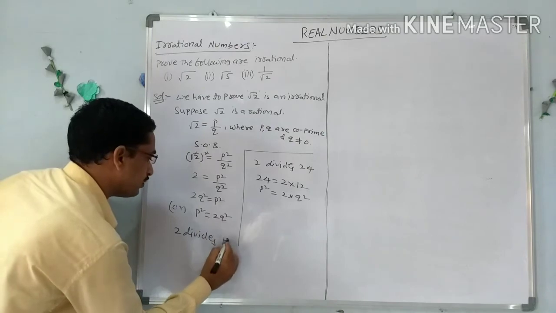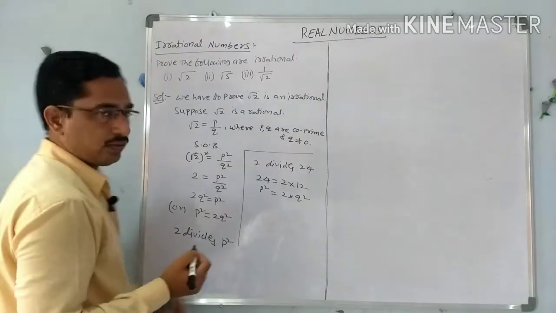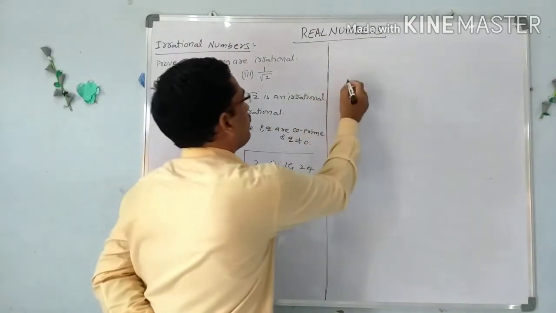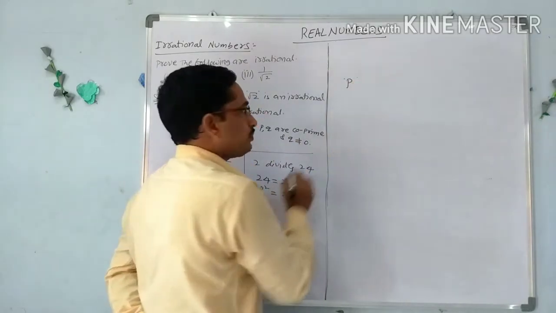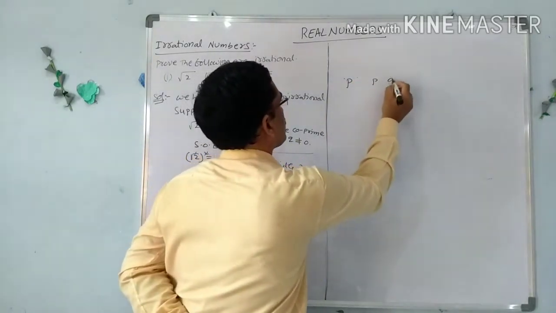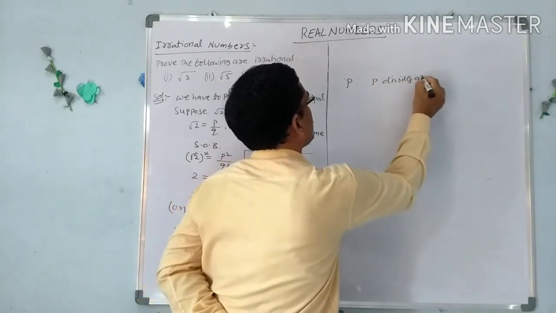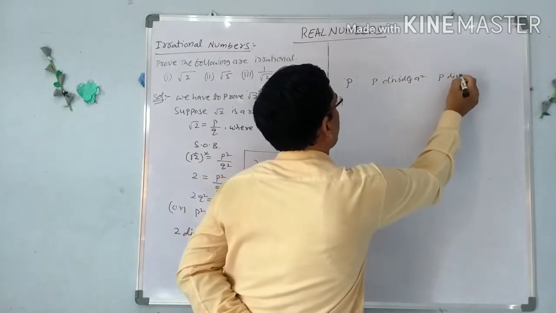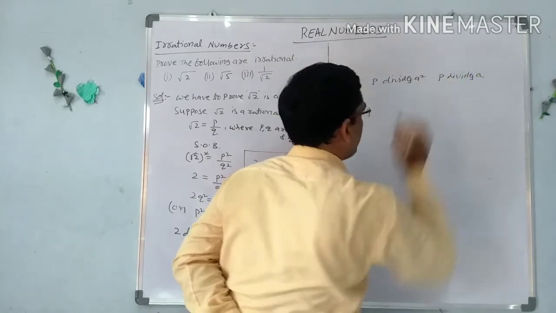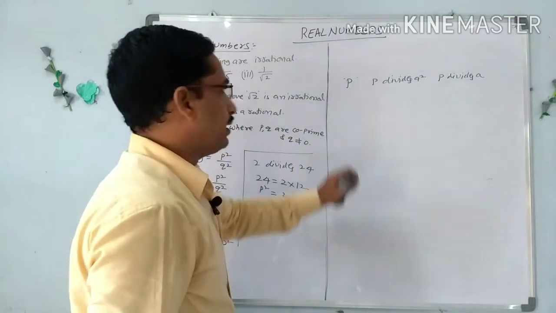Here, for p square, we have a theorem. What is the theorem? If p is a prime number and p divides a square, then p also divides a. P means a prime number, a means an integer.